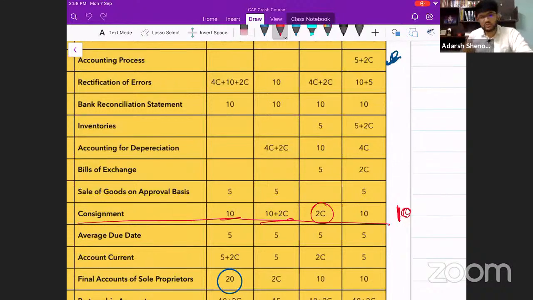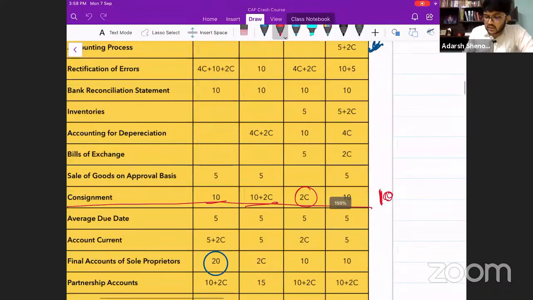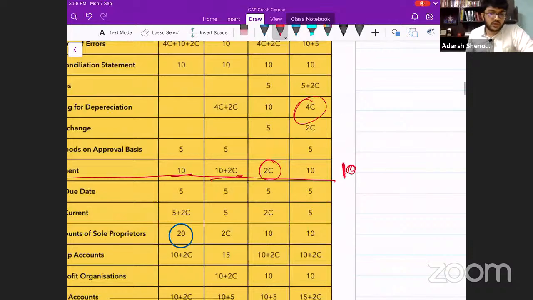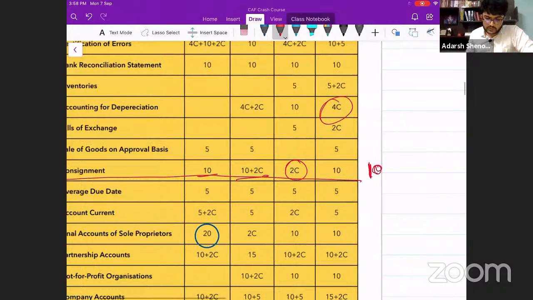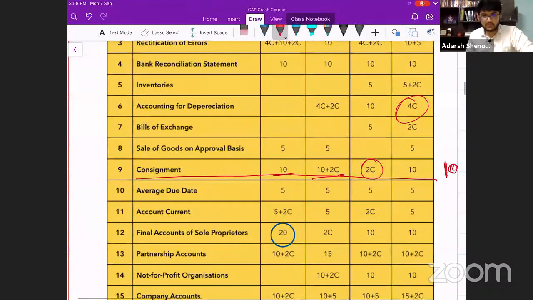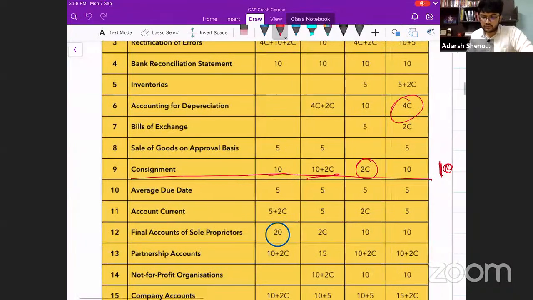For your attempt also, possibly it is from that only, but it can come from the sum of years digits method also. There is a small chance over there also. And expect a question for 4 marks or something, 4 to 10 marks range from the depreciation chapter. You can expect a 4 to 10 marks range question for sure.